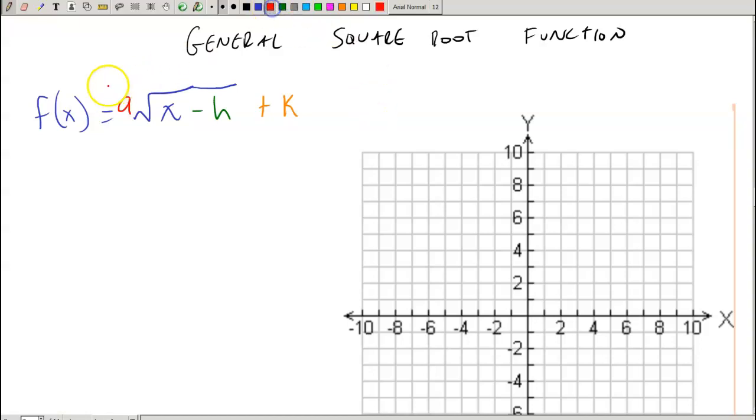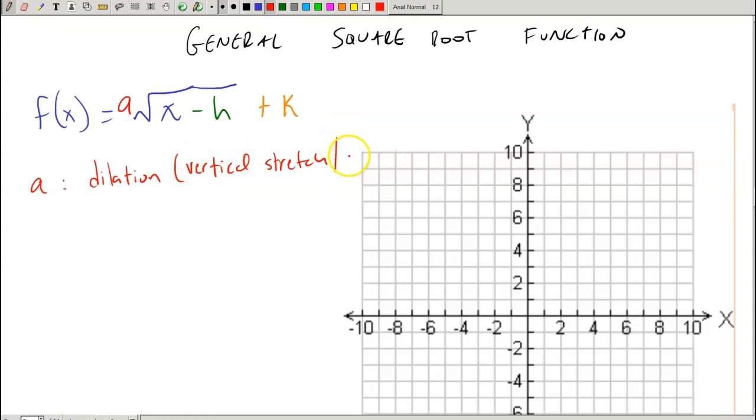So if we go back to our general equation, what does the a value do? The a value is a dilation, and it is a vertical stretch, or you could think of it as a vertical compression.